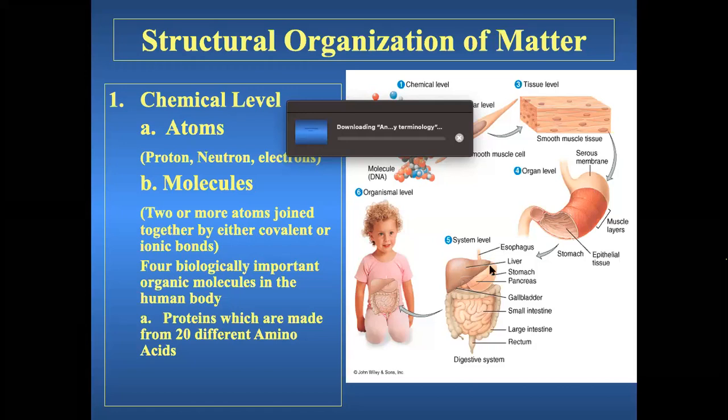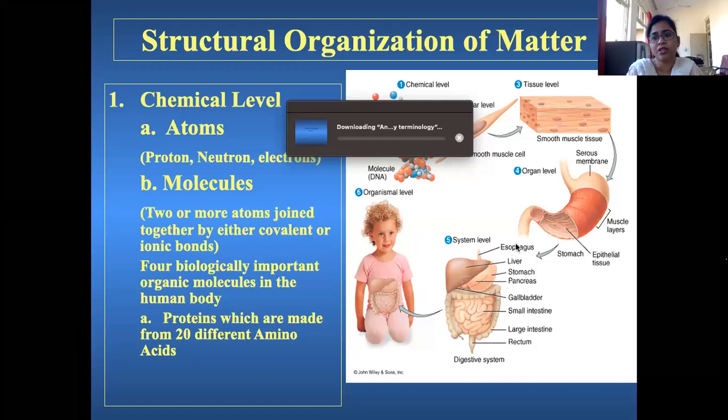Organs join together to form systems. For example, here we are talking about the digestive system. You can take any system, no problem. In the digestive system, it starts with the oral cavity, then pharynx, esophagus, stomach.